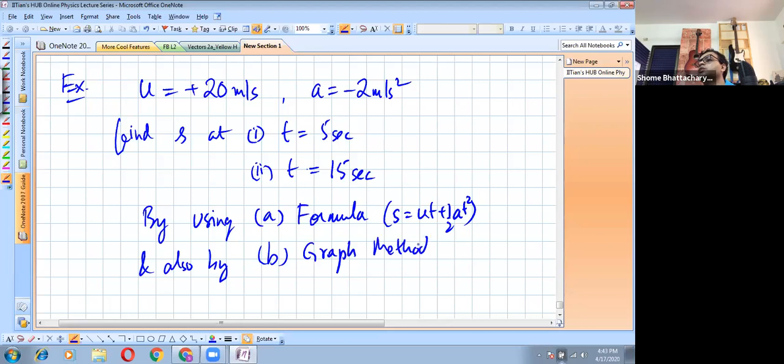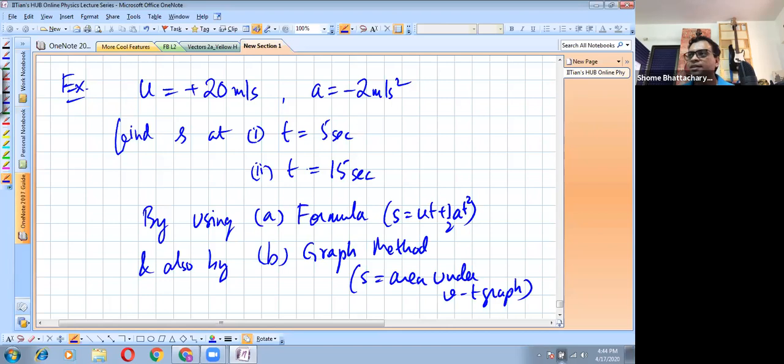And that's where I'll show you how the graph takes care of sign very nicely. Okay. So graph method is that the displacement is area under velocity time graph. So for that, you will have to draw the velocity time graph a little carefully and understand how to calculate the area under that. Okay.